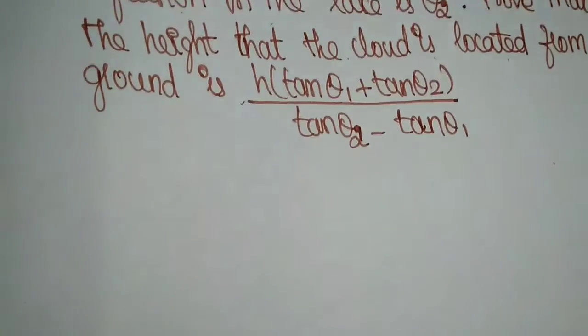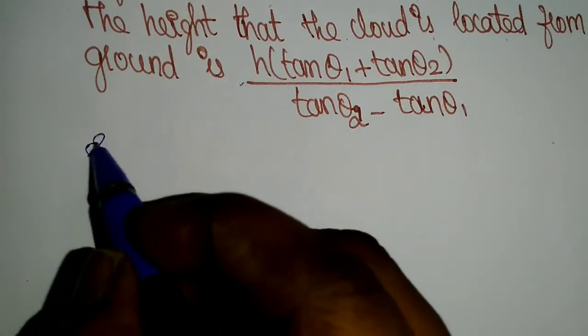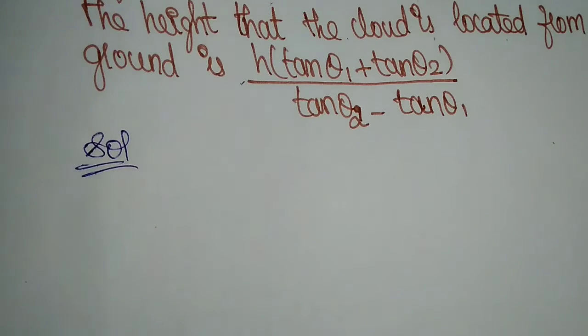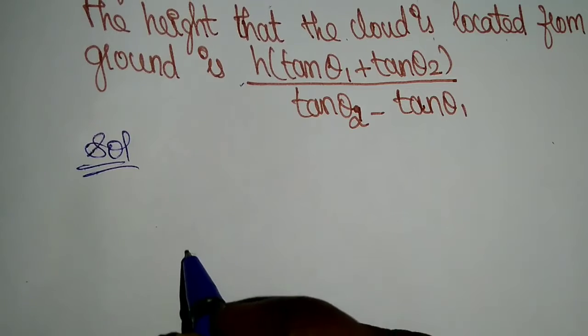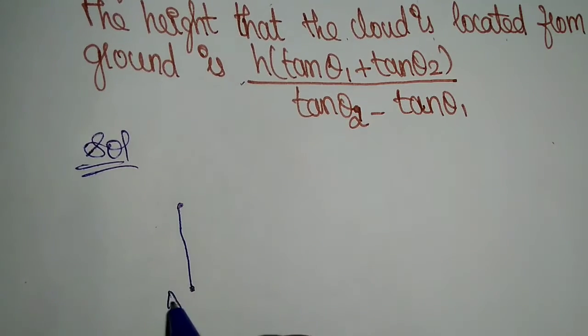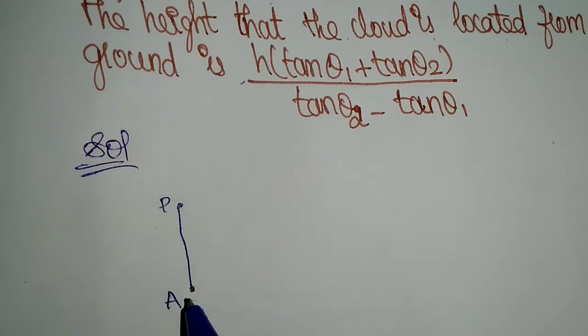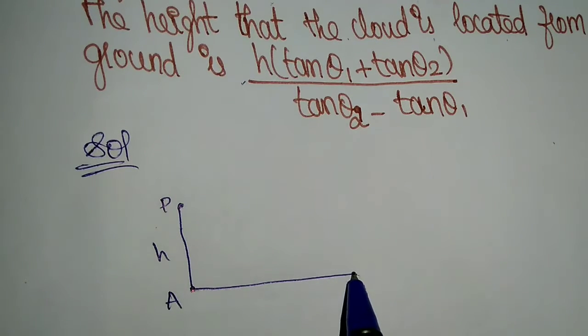Okay. Solution. Here we know that the height of a point from an observer is h meter. Okay, this is the surface of the lake, it is AB.